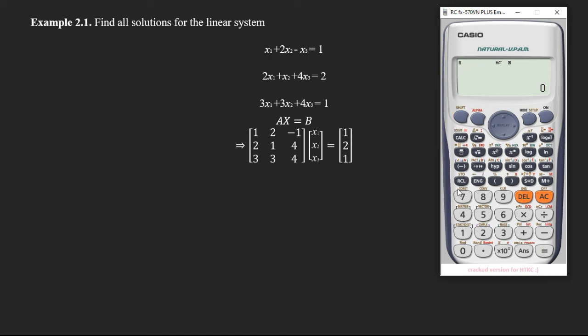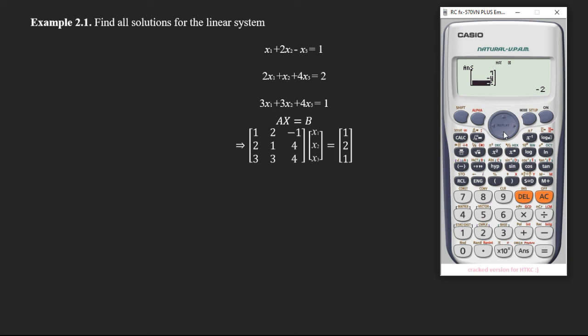Now I will press shift, and matrix A is on 3. I want to find the inverse of matrix A and multiply that inverse with B, so I press shift 4, and matrix B is on 4. After pressing the equal button you will get the solution. The value of x1 is 7, the value of x2 is -4, and the value of x3 is -2.